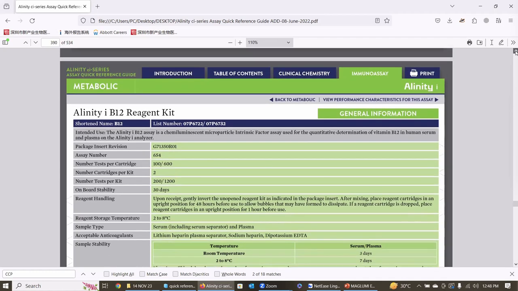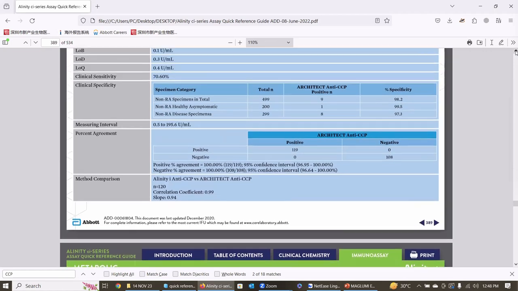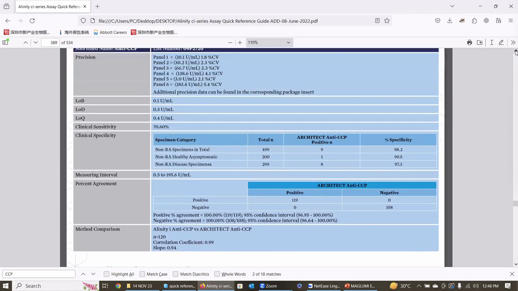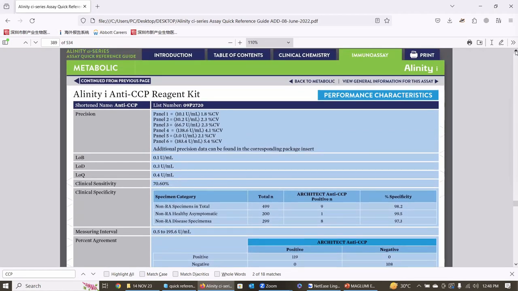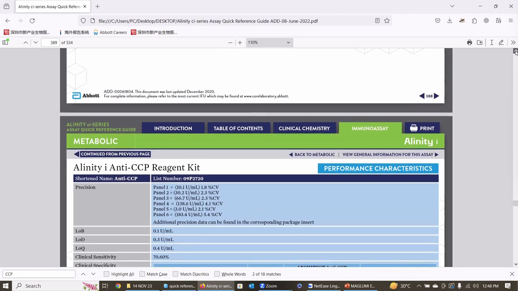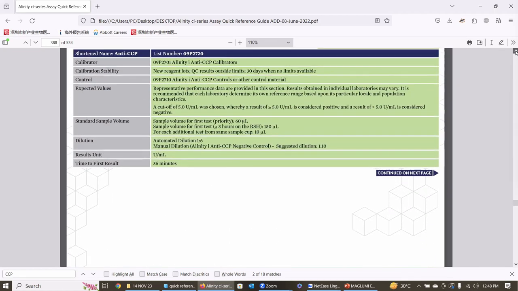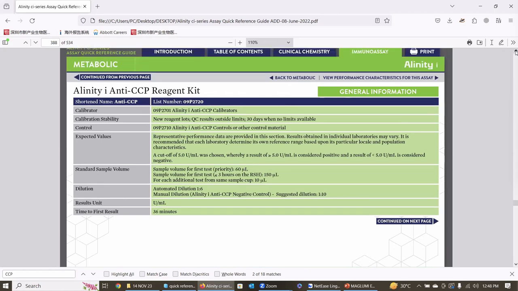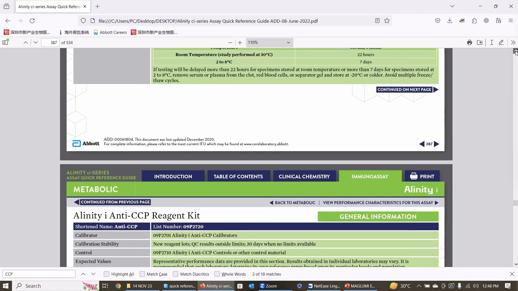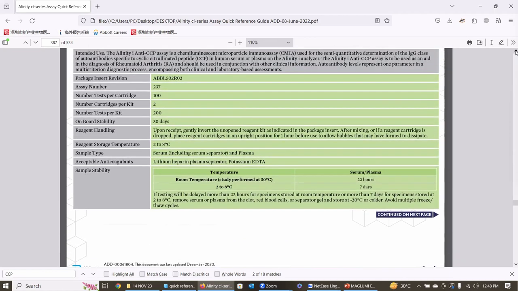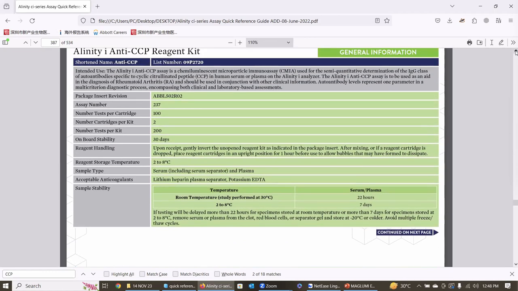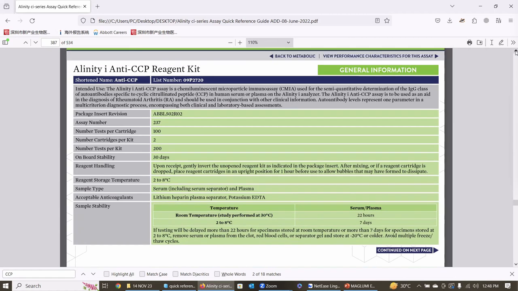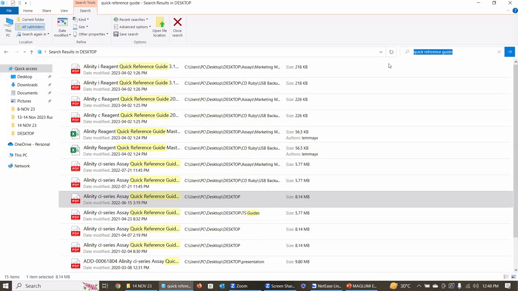So even additionally, they do not have any confirmation of what material they have used for the traceability. Okay, so let me check one more thing and then it will be confirmed.